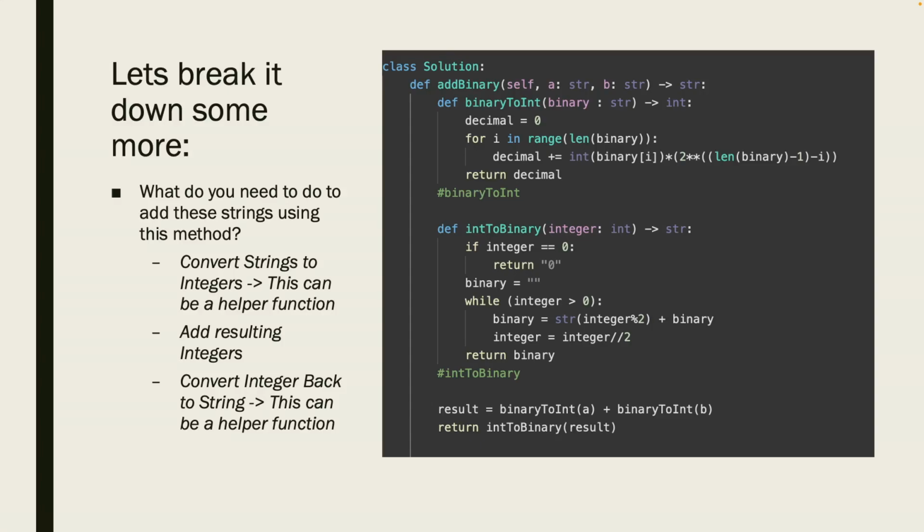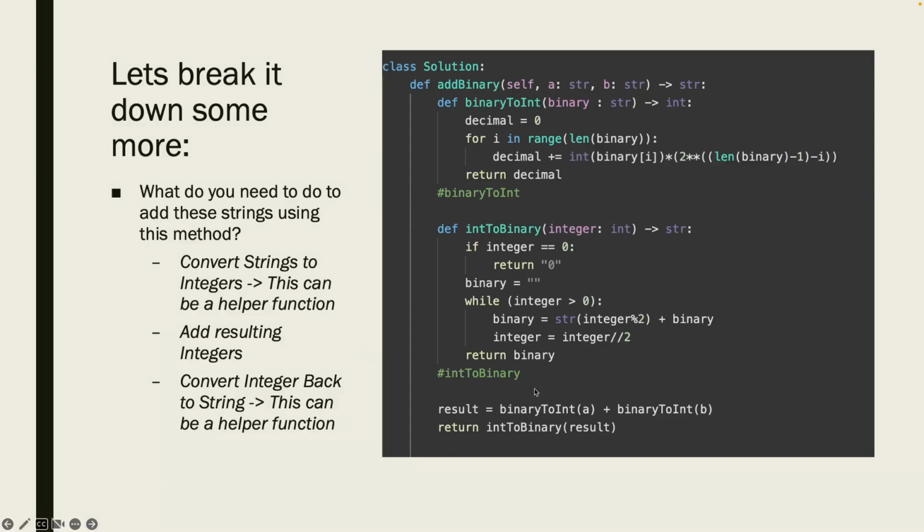Otherwise, we're going to build a string. While that integer is greater than 0, we get the remainder, add it to what we had before, divide the number by 2, and return the binary.